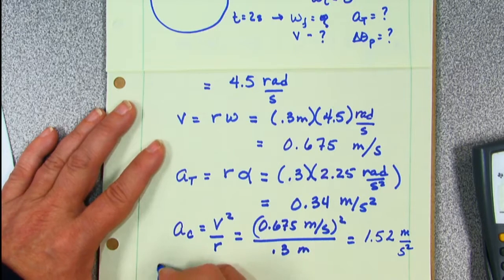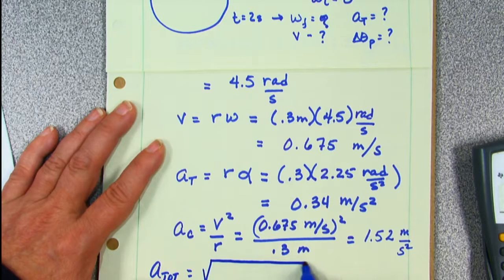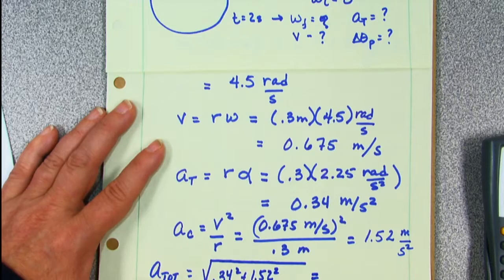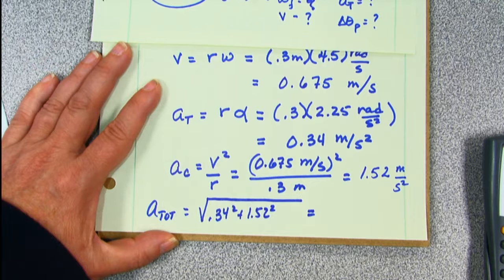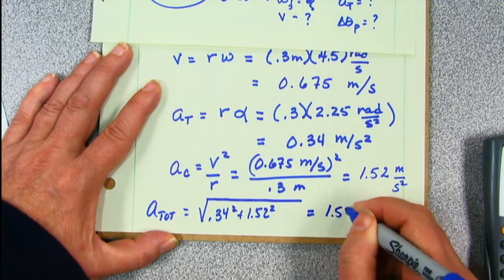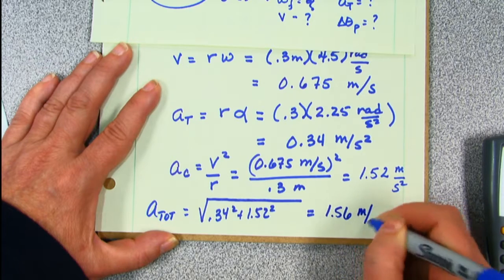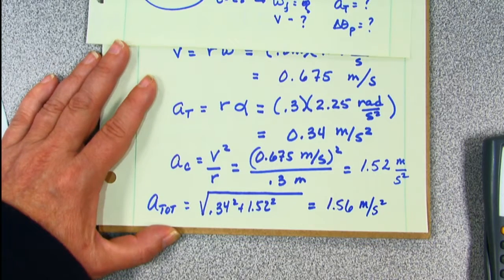So my total acceleration is going to be the square root of 0.675 squared plus 1.52 squared. That gives me 1.56 meters per second squared. That's the total acceleration.